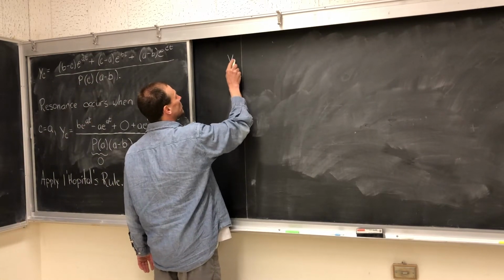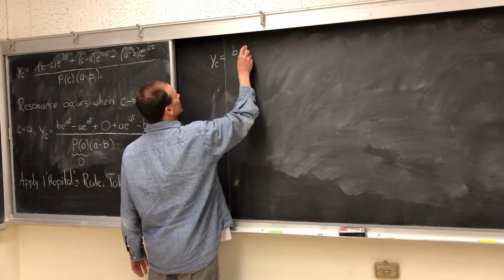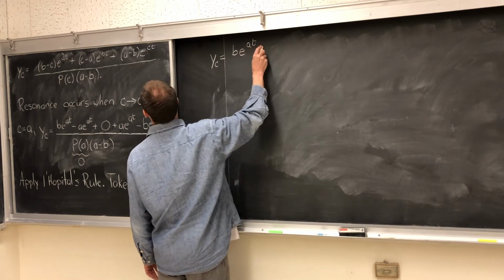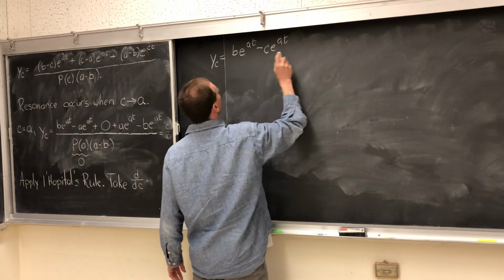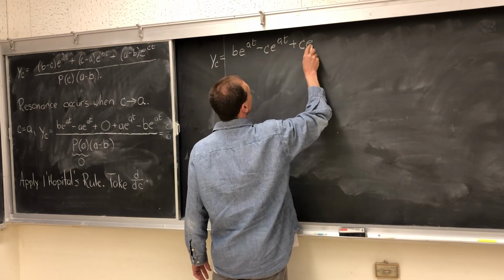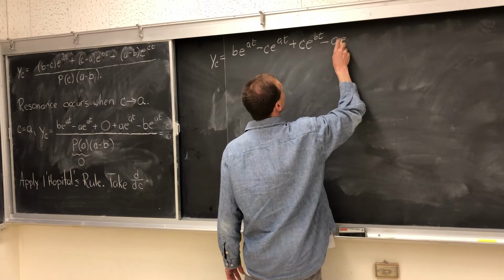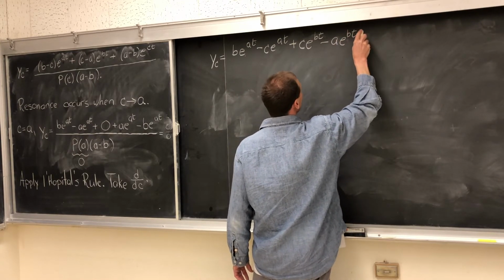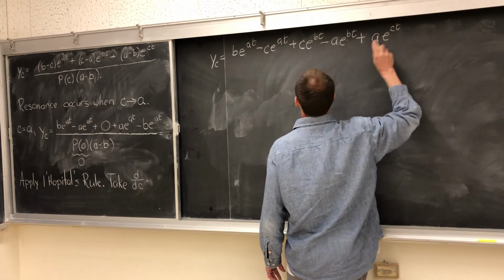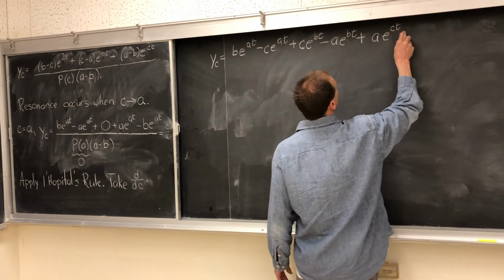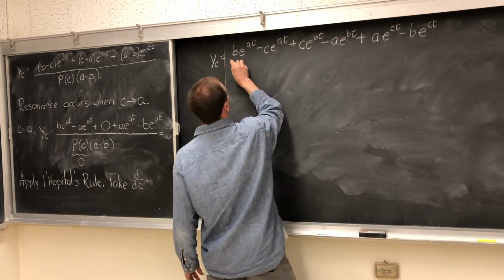I'm going to write y complete as all this distributed: B e^(at) minus C e^(at) plus C e^(bt) minus A e^(bt) plus A e^(ct) minus B e^(ct).